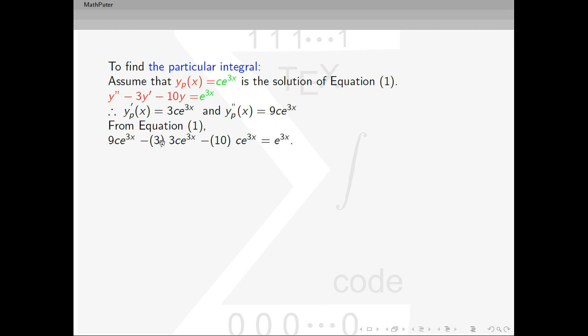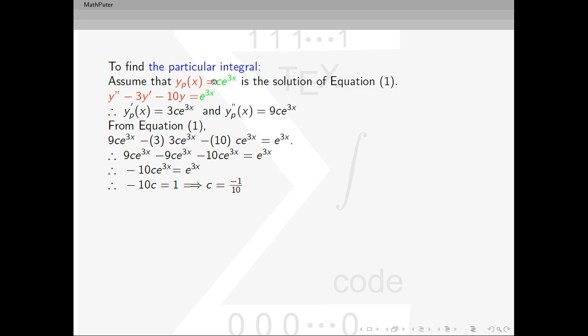This is 9 minus 9, so the first two terms will cancel out. Minus 10c e raised to 3x is equal to e raised to 3x. e raised to 3x we can cancel from both sides. So we have minus 10c is equal to 1. So we have the value of c: this is minus 1 upon 10.